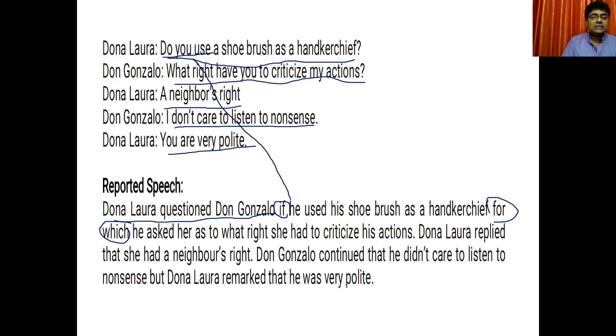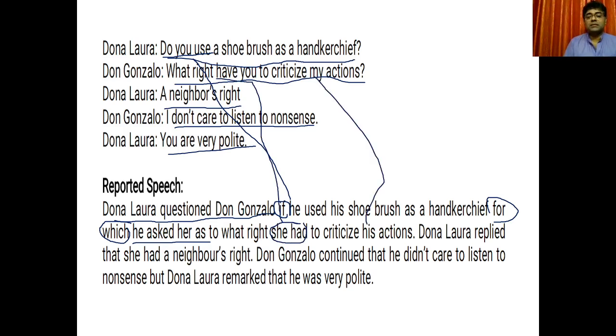So he asked her. See, "her" means what? Laura. You need not write Laura once again. It has already come in the beginning. "What right have you" has been changed into "what right she had". "To criticize my action" has been changed into "his action".